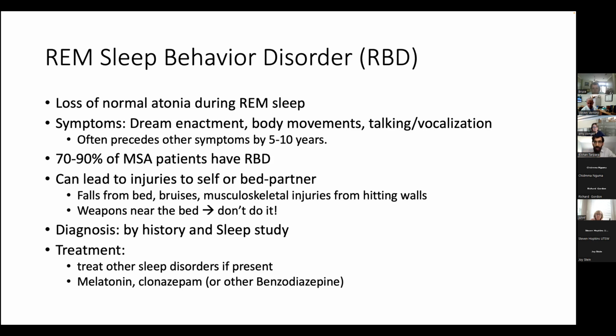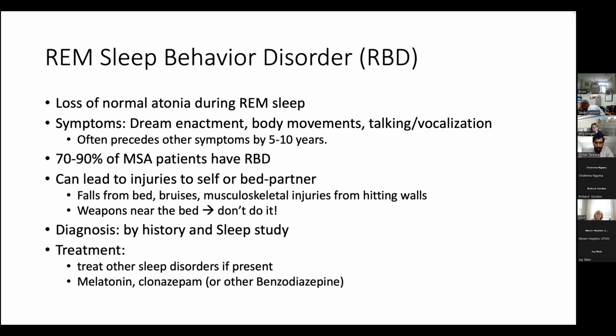The part of your brain that's responsible for this normal paralysis is thought to be damaged in MSA. So body movement signals that are happening in the brain while you're dreaming, instead of being blocked, continue on to your muscles, and that's what causes the body movements, dream enactment, vocalizations, and talking that people notice during sleep.